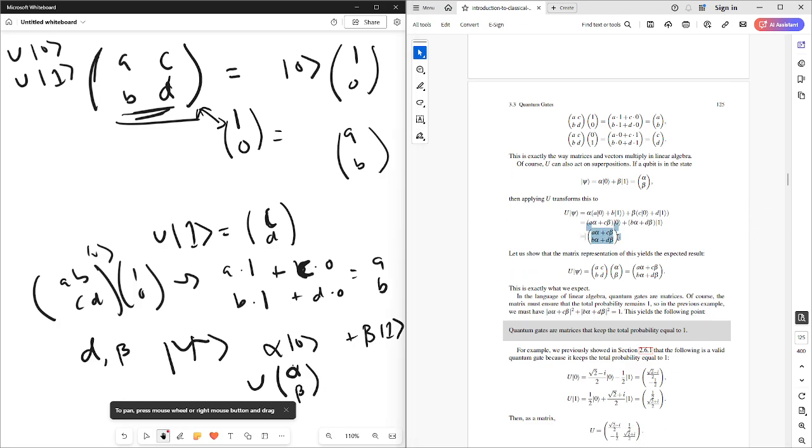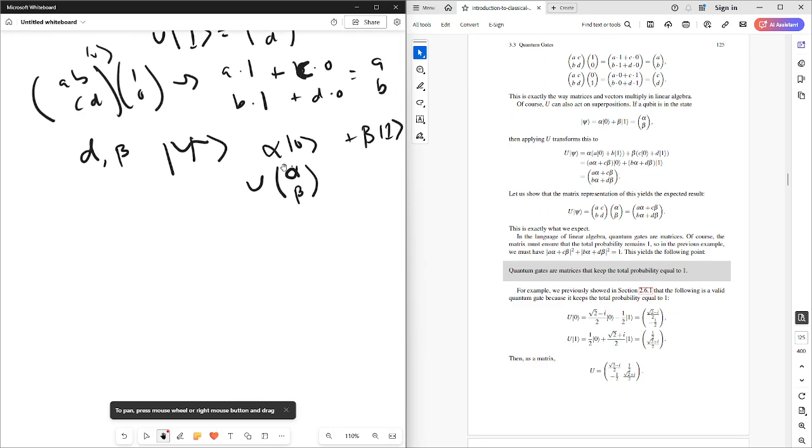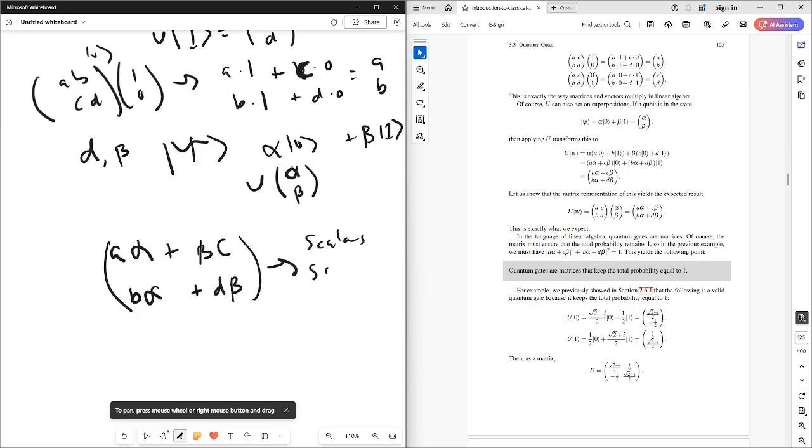It follows the exact same format, so we wind up with A alpha plus C beta, and B alpha plus D beta. These will be two scalars representing the new amplitudes of our superposition after the U gate is operated.